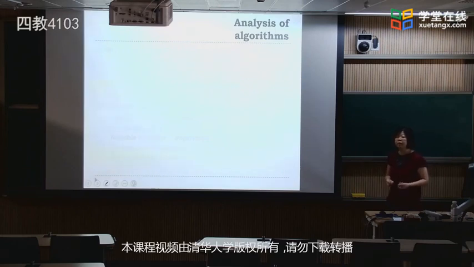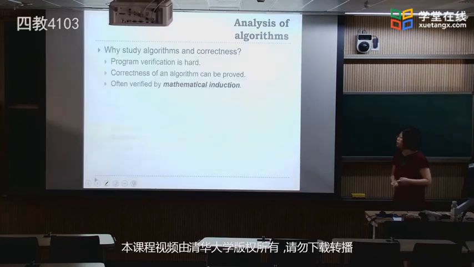So you may wonder why we want to study the analysis of algorithms in addition to the design of algorithms. So first question, why study algorithms and correctness? From your software engineering course, you know program verification is very hard, right?